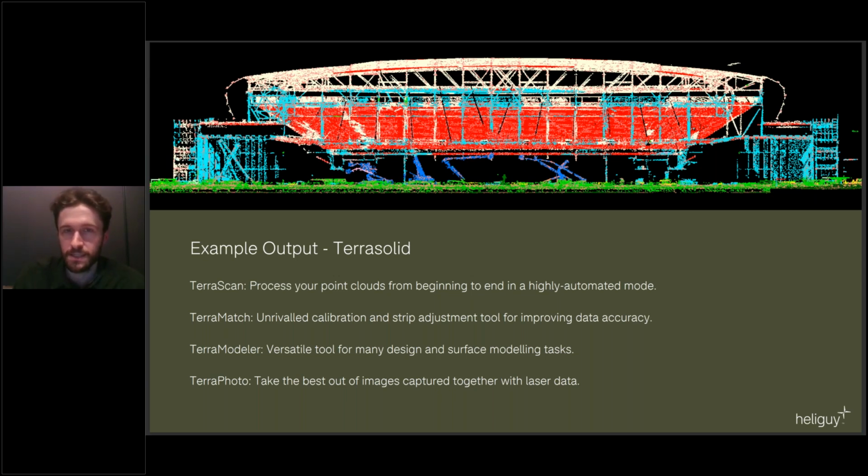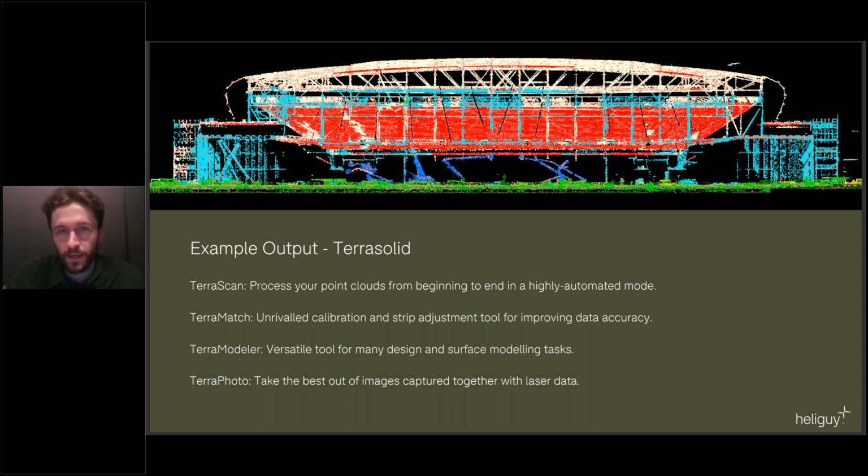Terra Match is to do with strip adjustment, so it helps with data accuracy. But as I've said, the L2 has been very good for this kind of thing. So there's been little that's needed doing to any of the data.